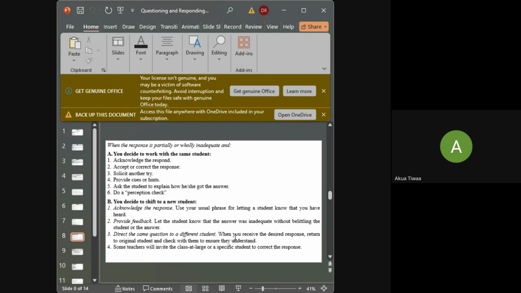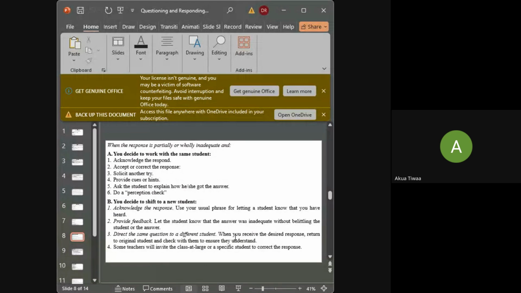And then you also provide feedback. Let the student know that the answer was inadequate without, as I said, belittling the student. And then direct the same question to a different student. And then some teachers will invite the class at large or a specific student to correct the response.